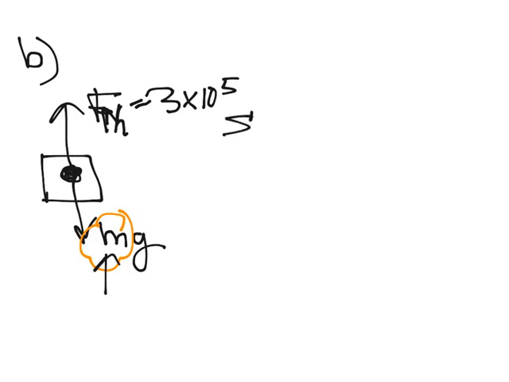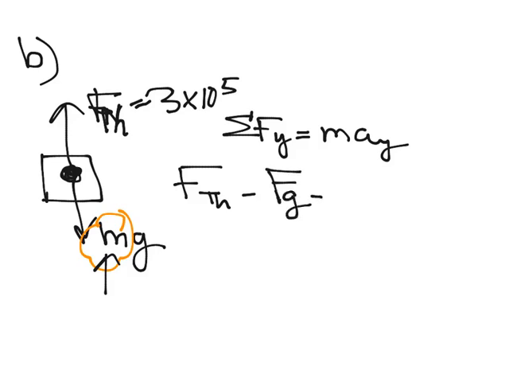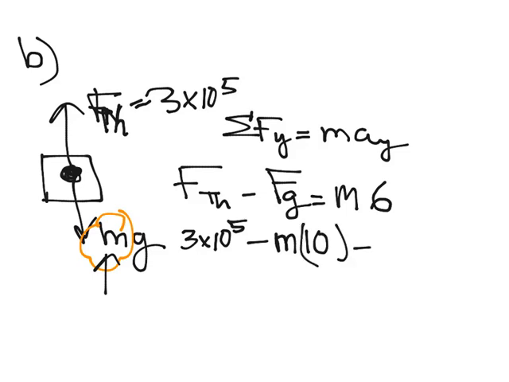We're basically solving for mass and then comparing it to the initial mass. So we have sigma Fy equals m a y, F thrust minus Fg is equal to m times 6 meters per second squared. Again, we can plug in our 3 times 10 to the 5, minus m times 10. We no longer know this mass, and it is equal to m times 6.